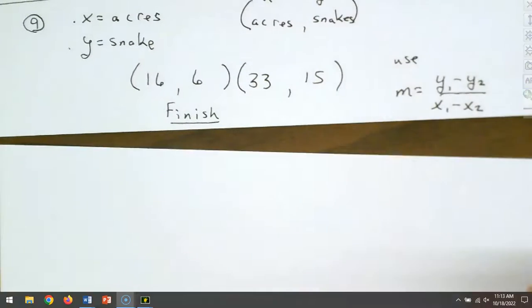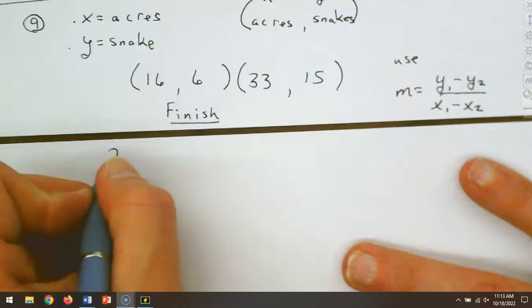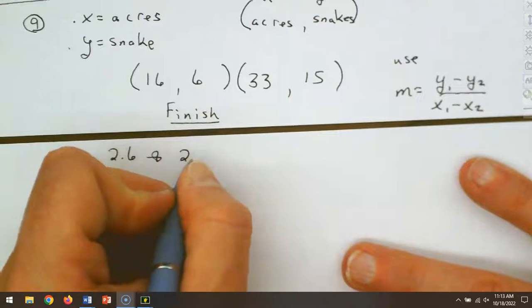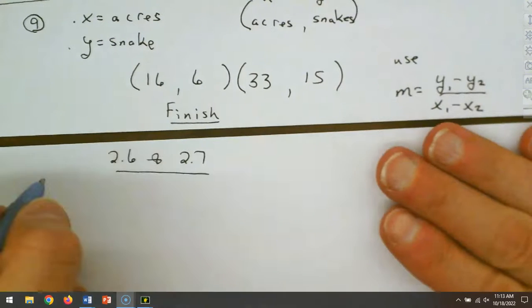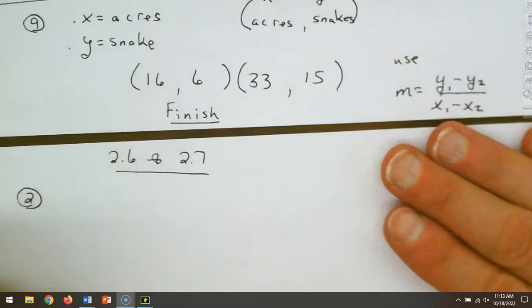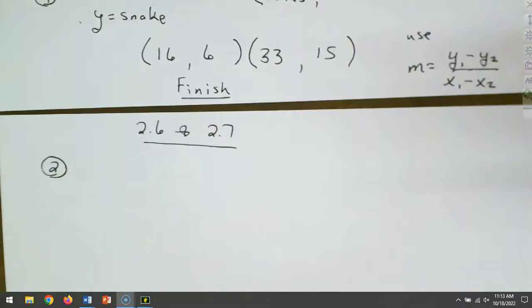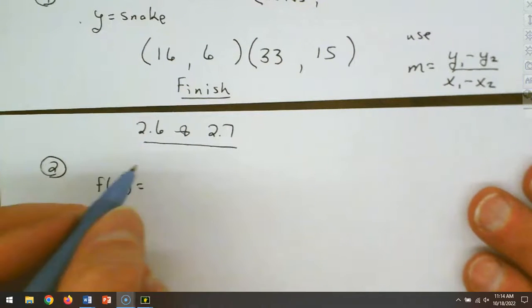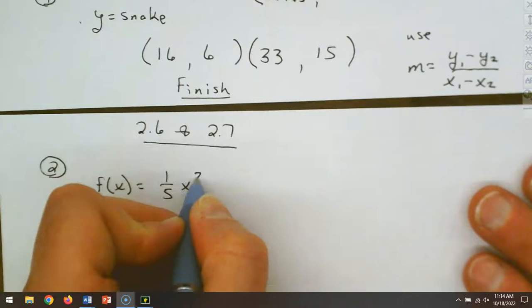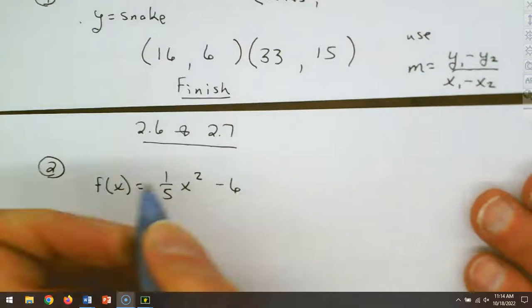Let's look now at 2, 6, and 7. And we're going to begin with question number 2. For question number 2, we've got f of x equals 1/5 x squared minus 6.